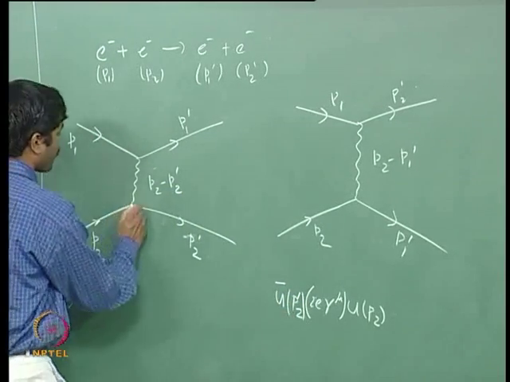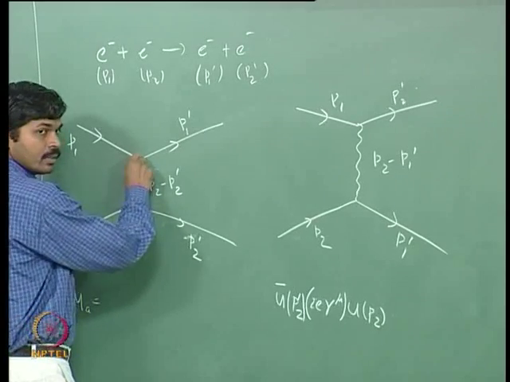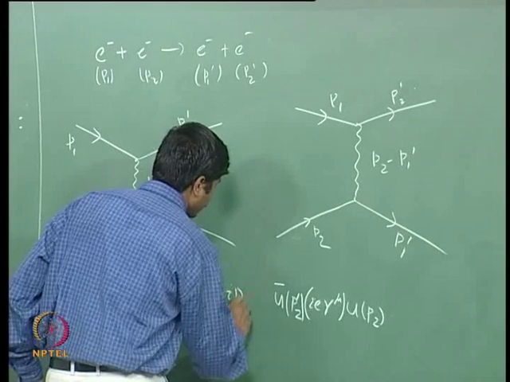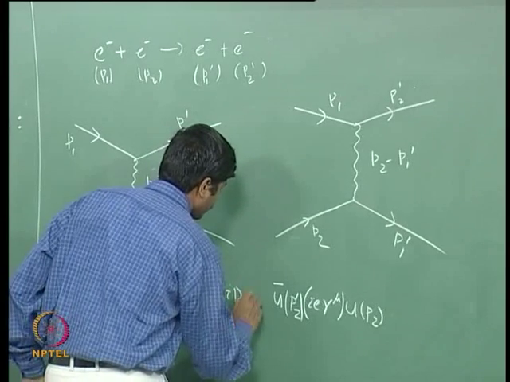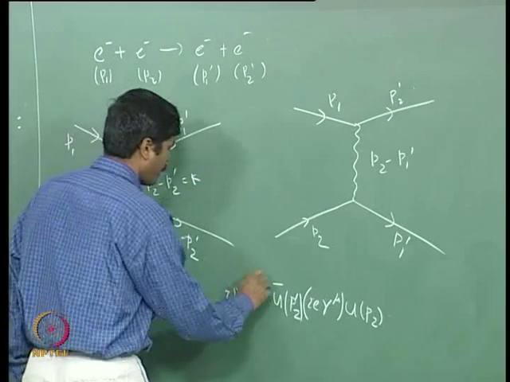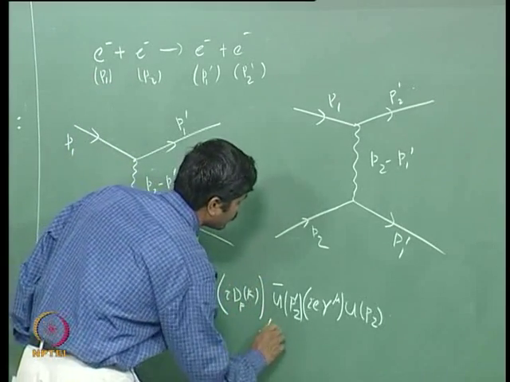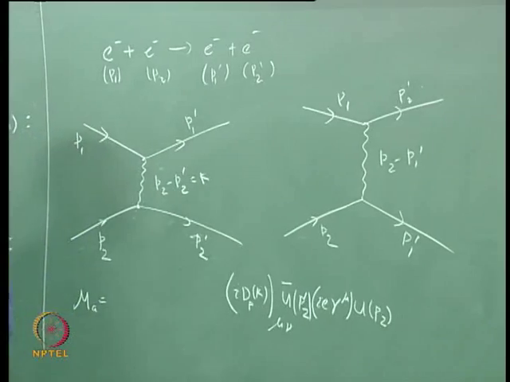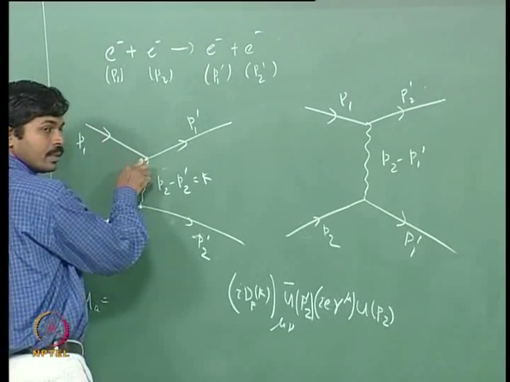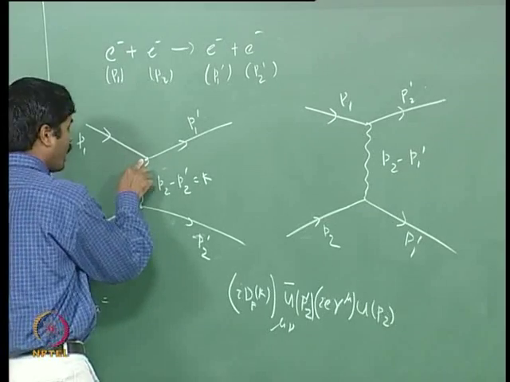Then you have a photon propagator for which I will write, let us say this is k, iD_F(k)_μν. Then here you have an incoming electron of momentum p1.